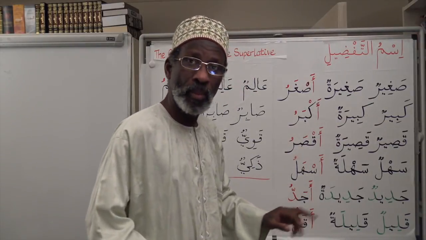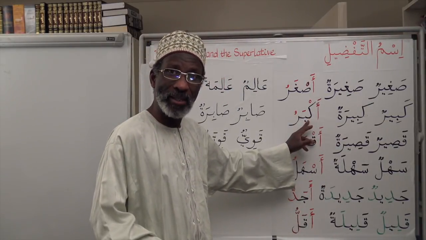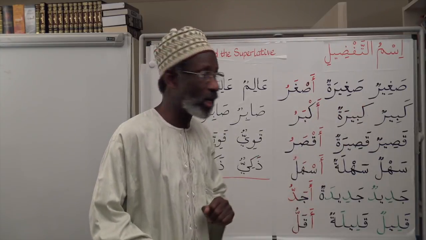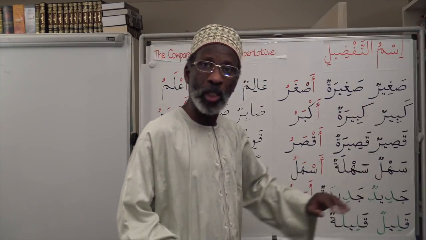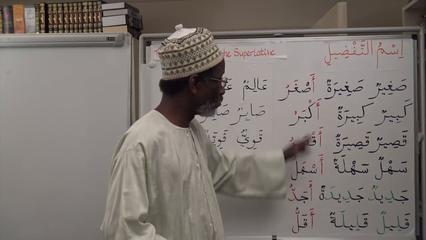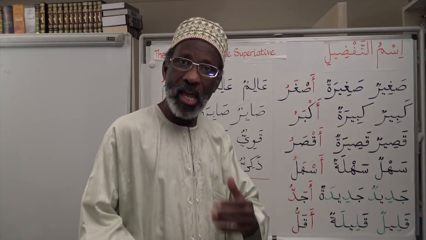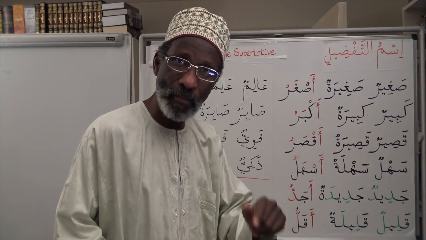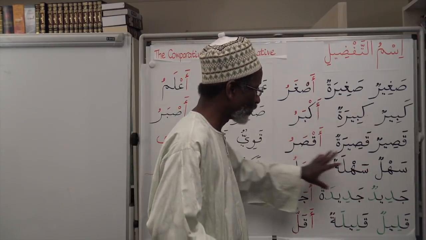Masculine, feminine. Now we come up with the elative pattern here: akbaru, such as asgharu. The same exercise. Qasirun, that means short. Qasiratun, aqsaru. Again, the same pattern. Even with some of these adjectives with no lengthening ya in them, you see it is the same pattern.